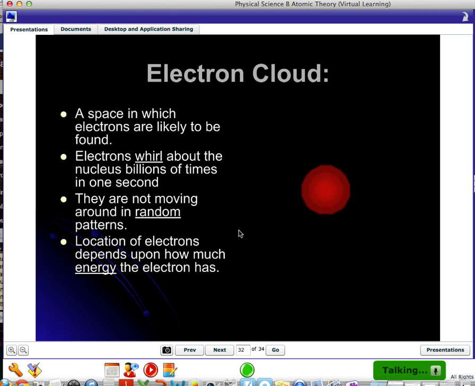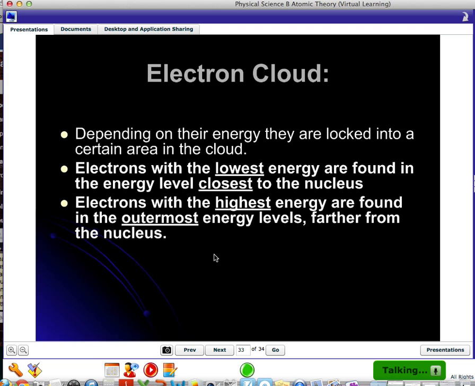So again, moving into the electron cloud, we're looking at how much energy an electron has in relation to the probability of where it would be within that space. To reiterate this point, electrons with the lowest energy are found closest to the nucleus. The higher energy electrons are further out from the nucleus.